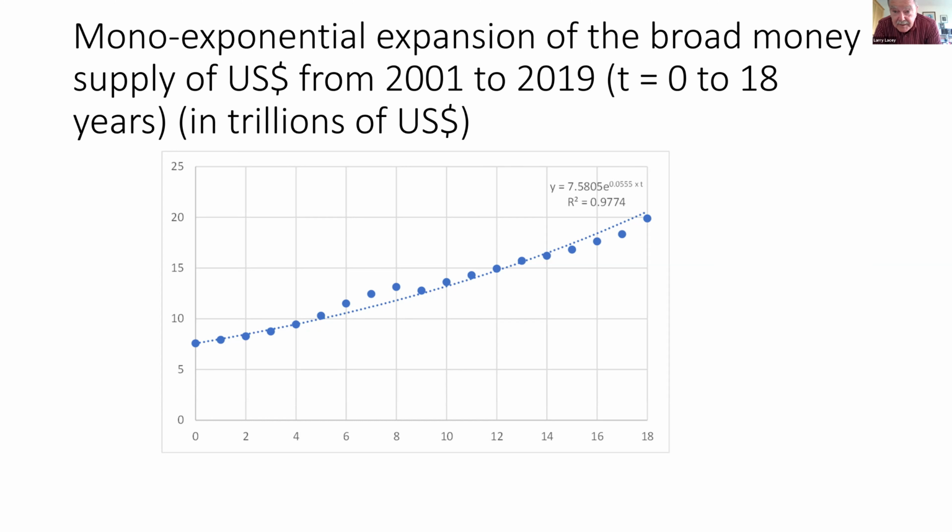I'm putting T0 as 2001, so you'll see in the graph it goes from 0 to 18. So this is the annual money supply, and that's what the blue dots are. And you can see it increases with time, as you'd expect.